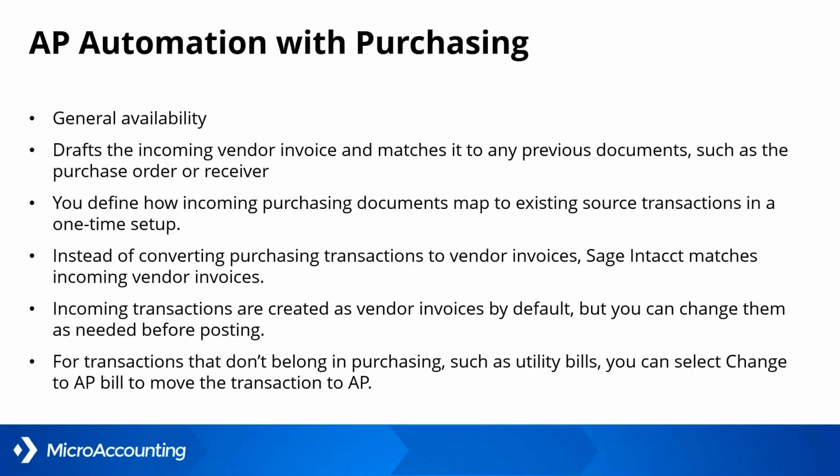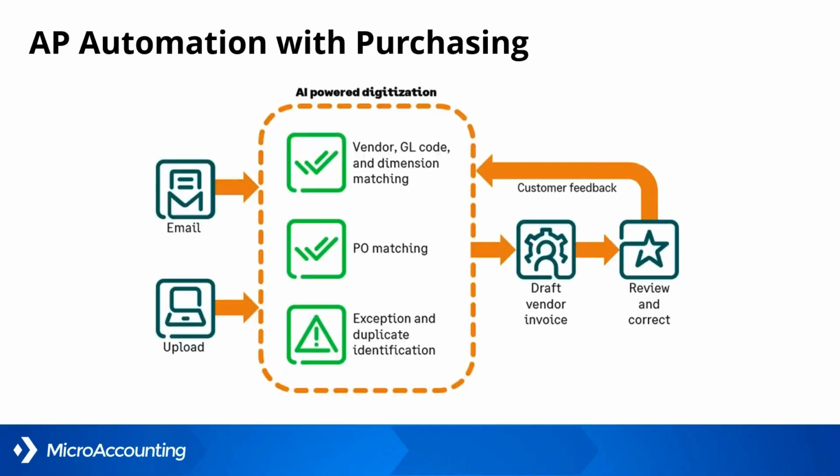So if the vendor emails in a utility bill that doesn't go through the purchasing workflow, so there's no prior document to match that to, you can mark on that bill to change that to an AP bill, and then it will move it directly to AP versus it having any kind of failure where it doesn't match those transactions.